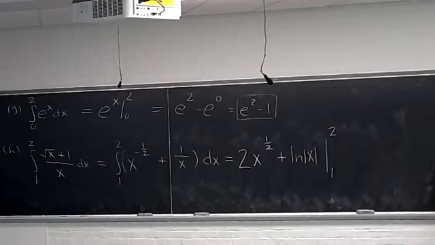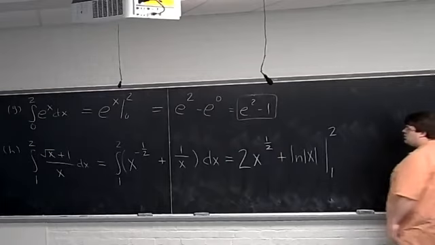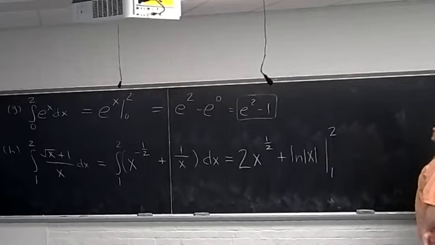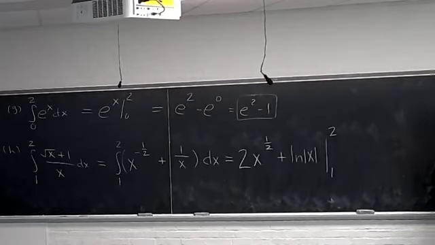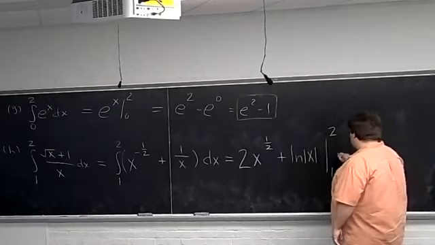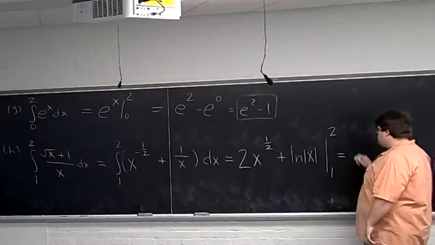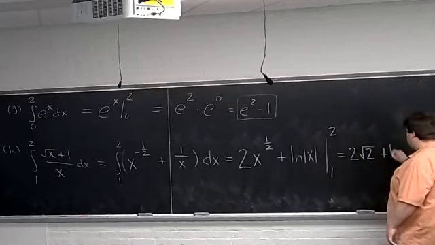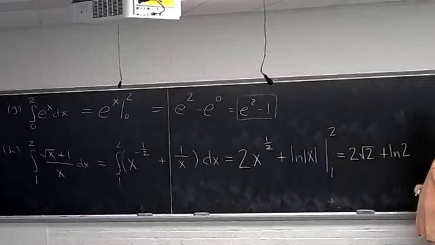But if the bounds had negatives in them and you had a logarithm, you would have to consider that to be an absolute value. But here, we're going to see that the absolute value is redundant. But what do we get when we evaluate? We get 2 root x plus log of x.